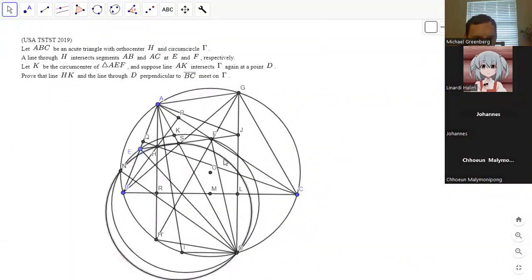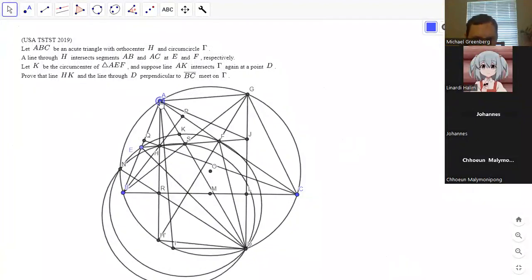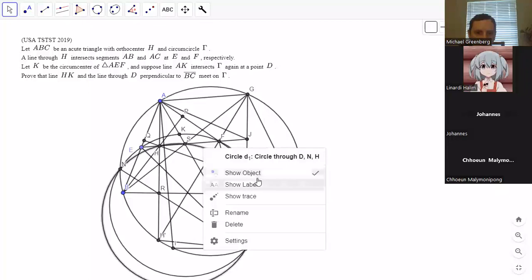But here maybe we can show that this is cyclic. So HSND. How would we show that that's cyclic? We could show that angle ASH is angle HND. Okay, so we want to show HSND is cyclic.